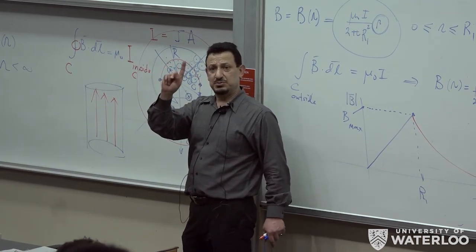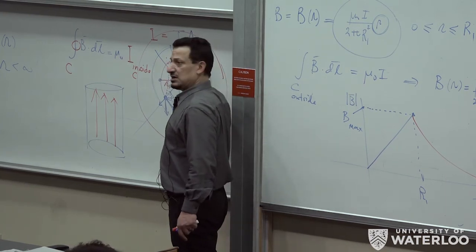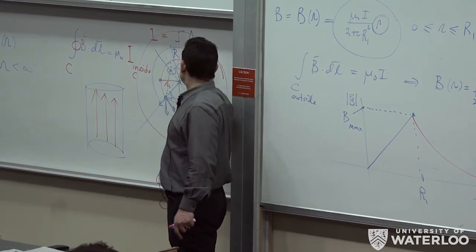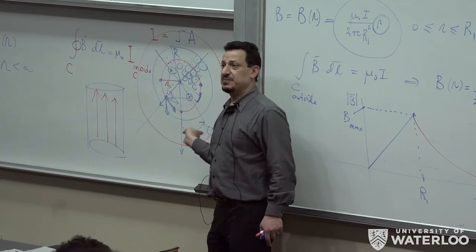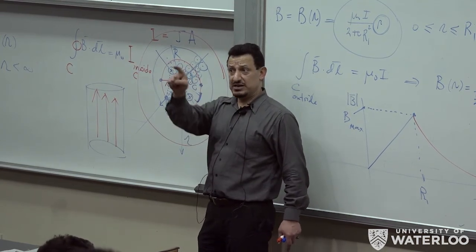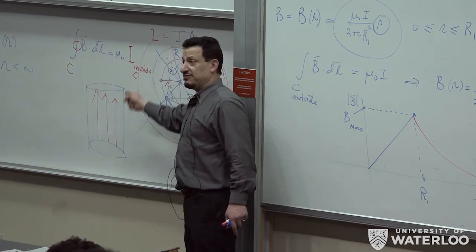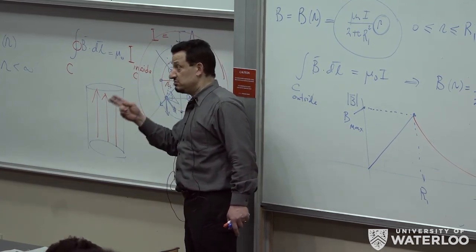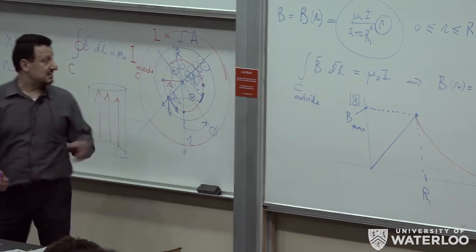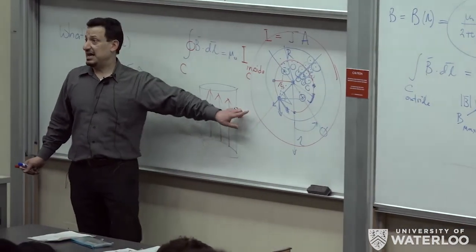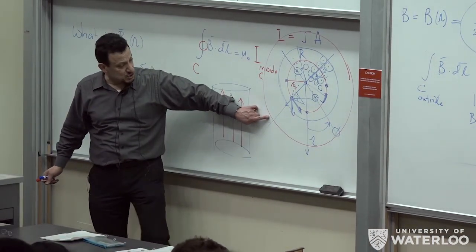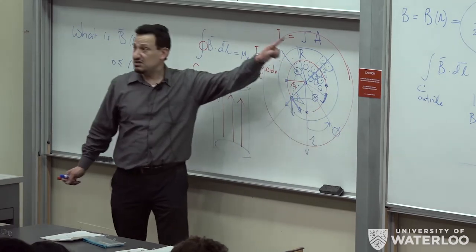Two minutes left. If I want to find the field outside, I take a contour outside. I went over this rather quickly, but I appreciate your question. Why? Because if I want to find the field outside, I have to do the same game, meaning that I have to ask myself, is the B going to change as I move along?